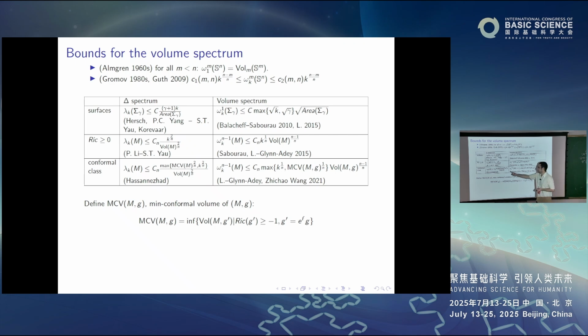This final result, which combines these two, was proved for K equals 1 by myself and Parker Glynn-Adey, and Richard Wang, when he was visiting Toronto, proved the full conjecture. And that suggests that there's something fundamentally important about this interesting connection between linear and nonlinear spectrum.